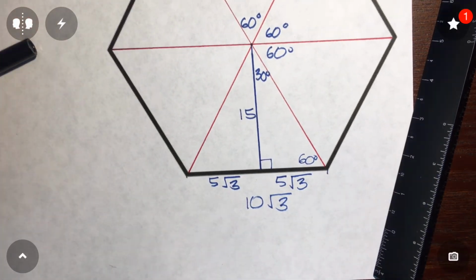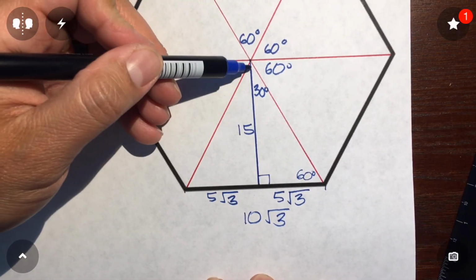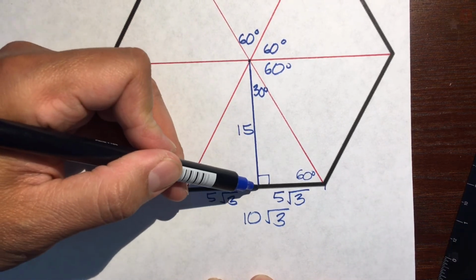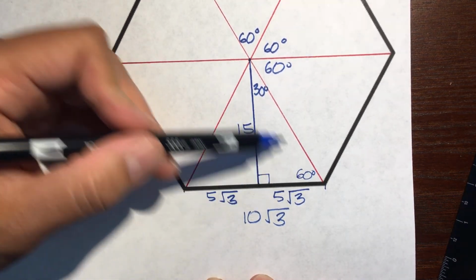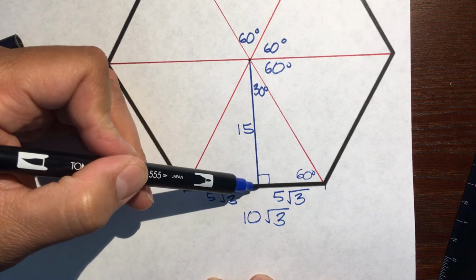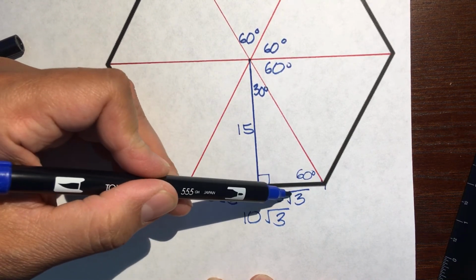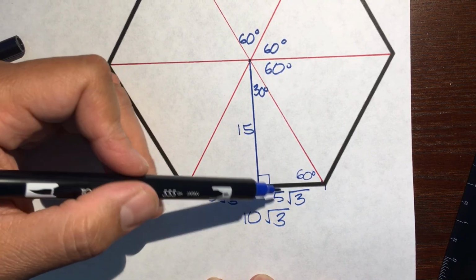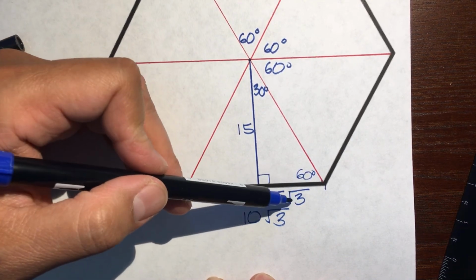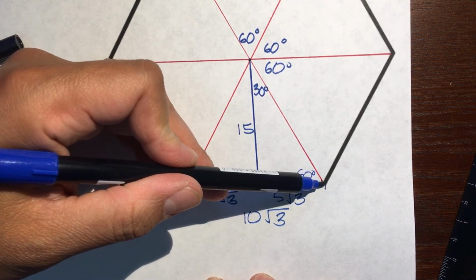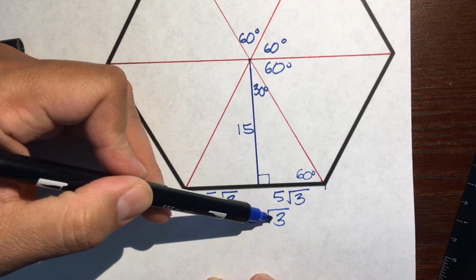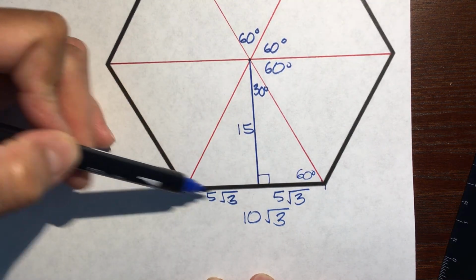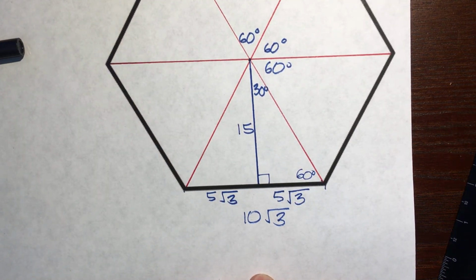So we have the apothem, which is the height of one triangle, which is 15. Because this is a 30, 60, 90 triangle, from here to here would be 5 square root of 3, using the facts about 30, 60, 90 triangles. And then times 2 would be 10 square root of 3. That would be the length of this entire side of this hexagon.